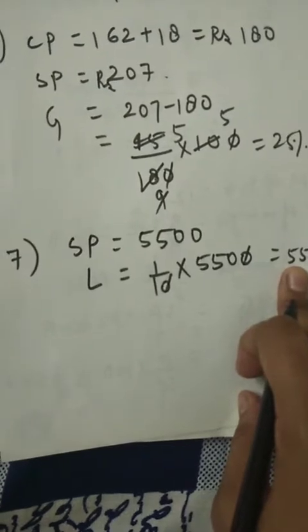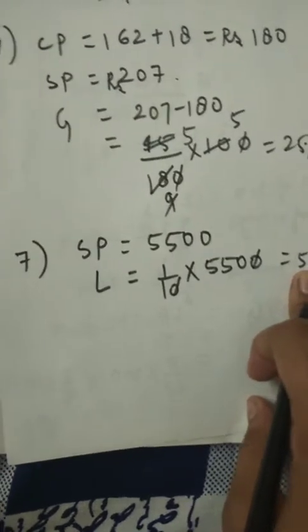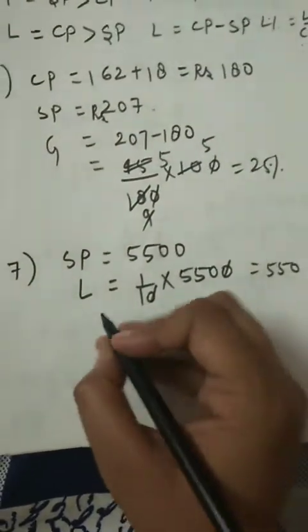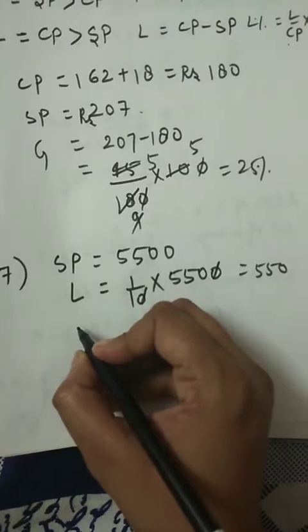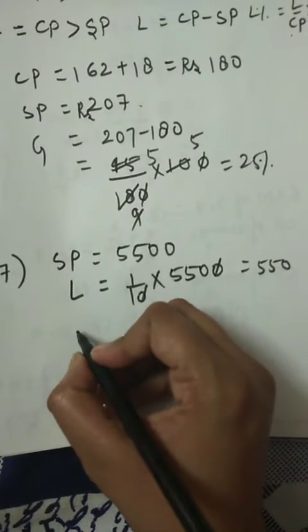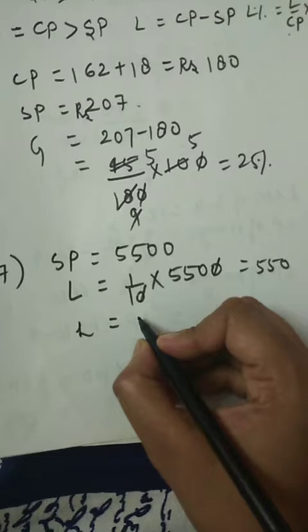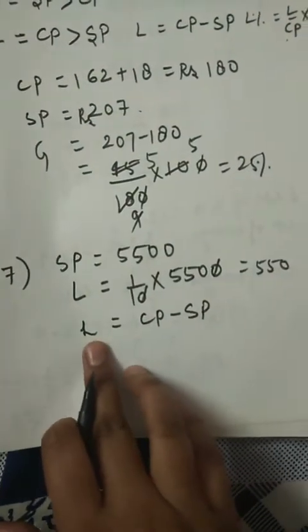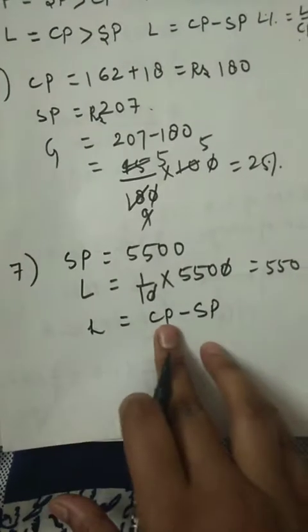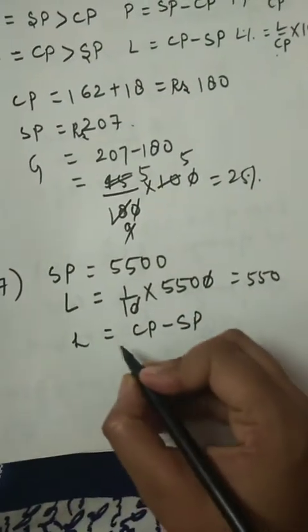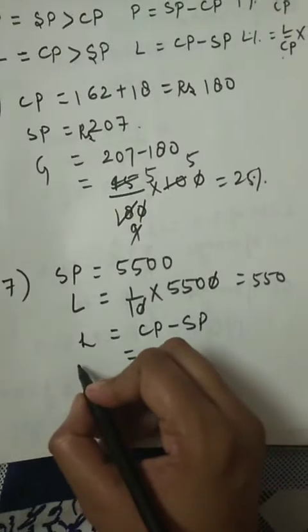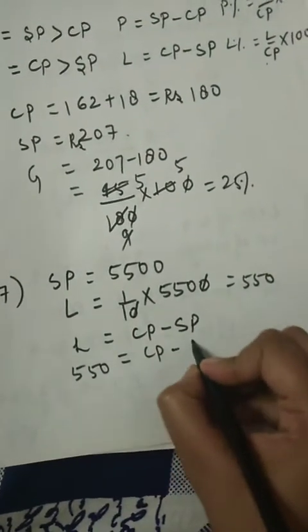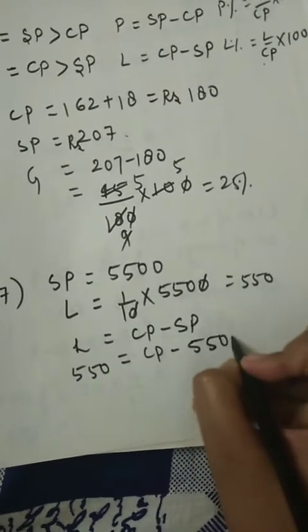Then they are saying to find the cost price. So loss is equal to cost price minus selling price. We know that we have loss when cost price is more than selling price. So here the values are given for loss and for selling price.